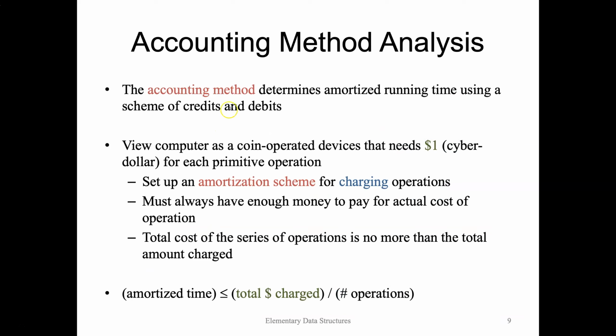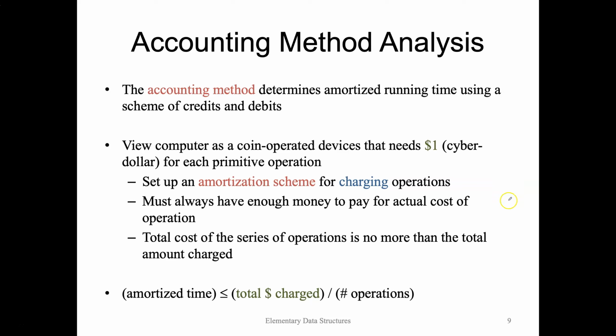Okay, so the accounting method is just another way of finding the amortized cost of an operation. It views the computer as a device that needs $1 for each primitive operation. So our task is to set up an amortization scheme for charging operations. For example, if we want to find the amortized cost of push, we would have to determine some amount, let's just say $5, that we have to pay the computer every time we call push.